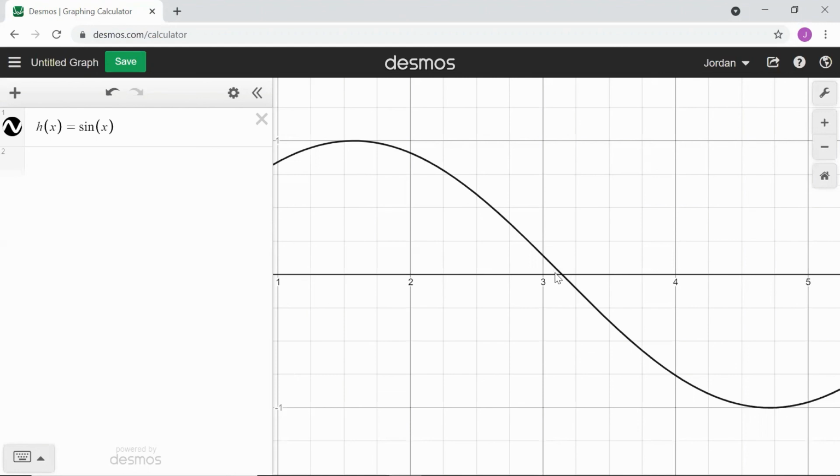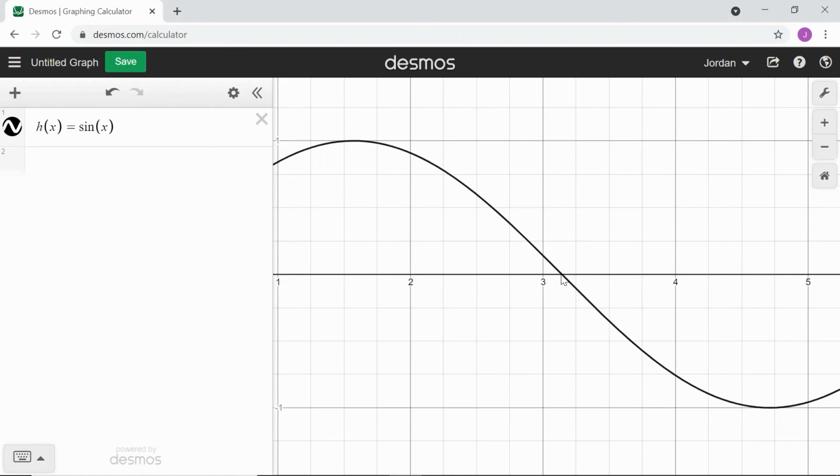Now, this is harder to see because of the nature of pi, 3.14. Sometimes you can mess with the settings on your calculator or on Desmos to highlight pi and 2 pi. But right now, this kind of looks hard to see graphically.